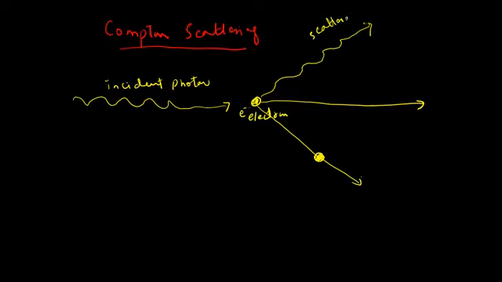This one is the scattered photon, this one is the scattered electron, and this one is the original direction of the incident photon.